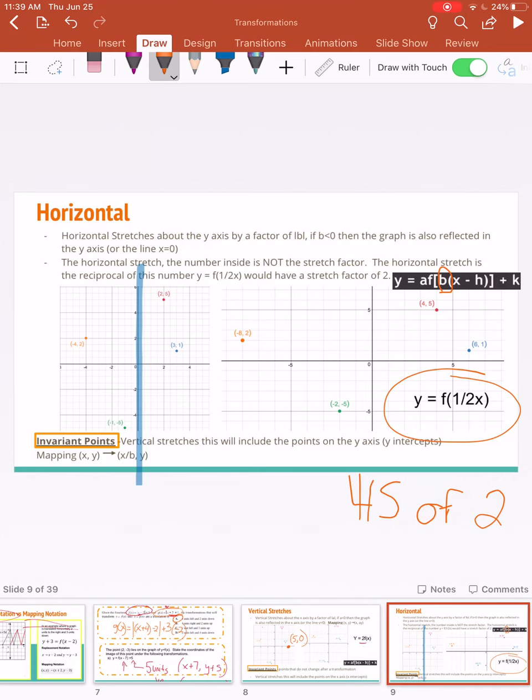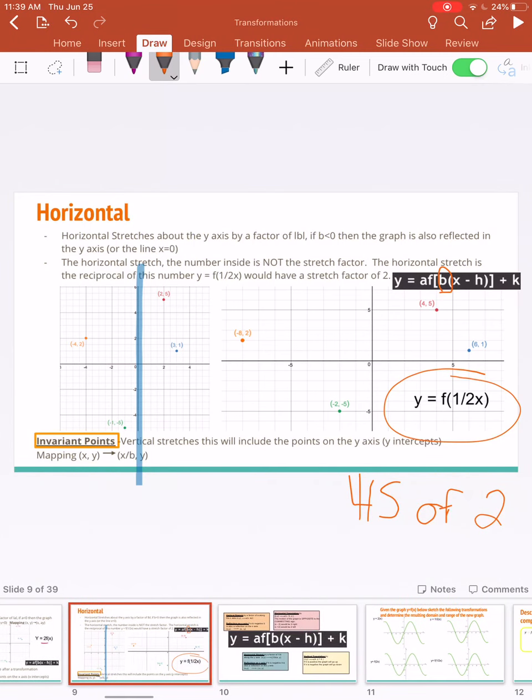So always think of that flip, and remember the horizontal stretch affects your x variables, and you're stretching from the y-axis. So your invariant points would always be any point on that y-axis.